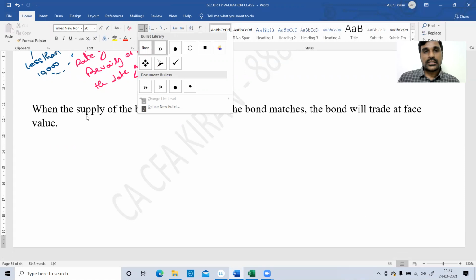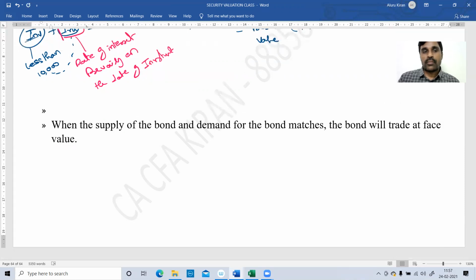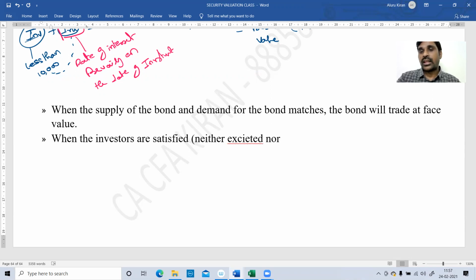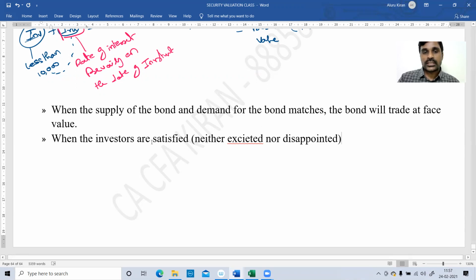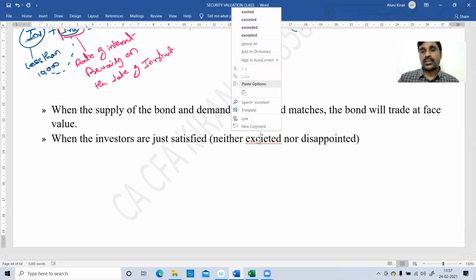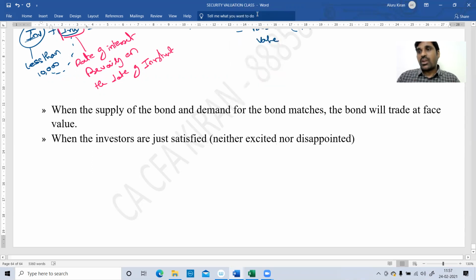The second point is that when the supply and demand match, the investors are satisfied, neither excited nor disappointed. They are neither too happy nor too worried.